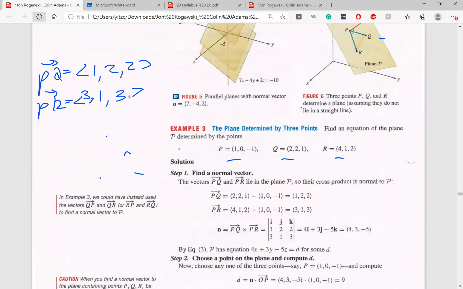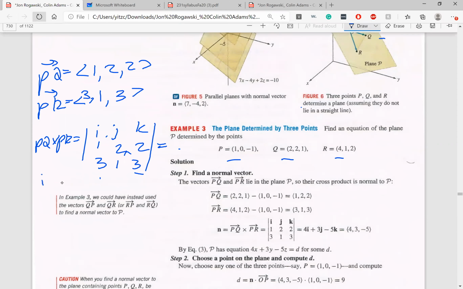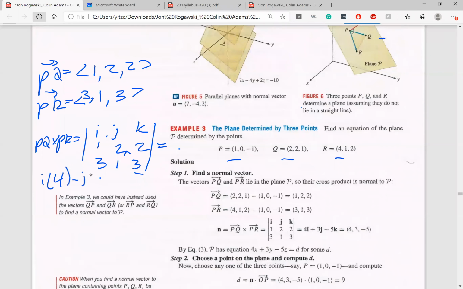And now, in order to find the normal vector again, we take the cross product. So PQ cross PR is equal to the determinant of i, j, k, 1, 2, 2, 3, 1, 3. And this is going to be equal to i times 2 times 3, which is 6, minus 2, which is 4, minus j.